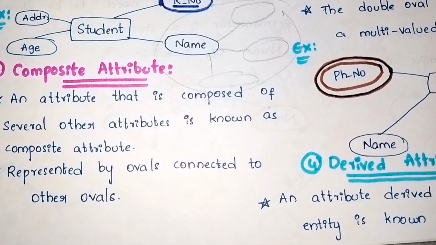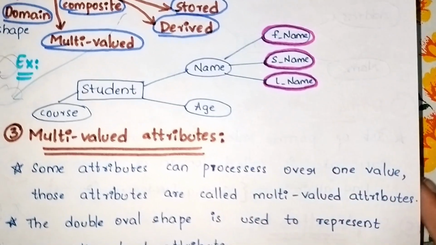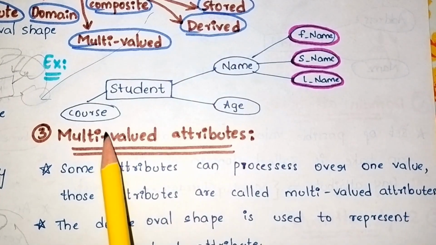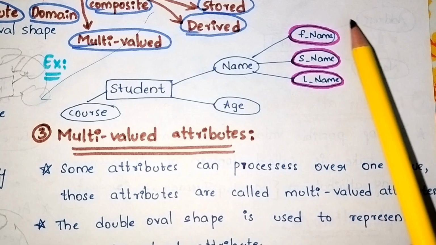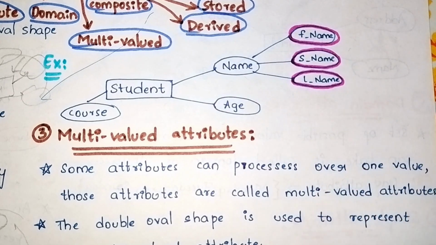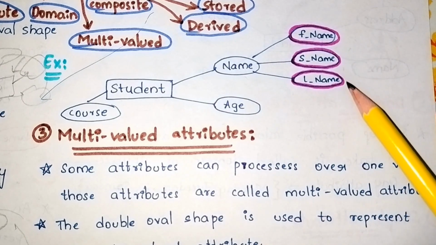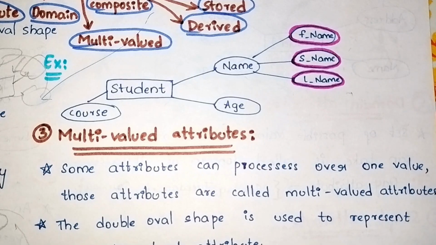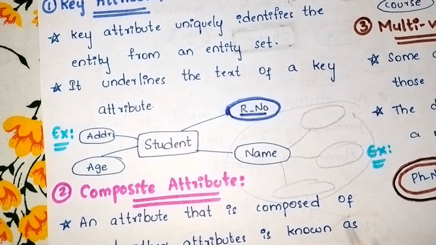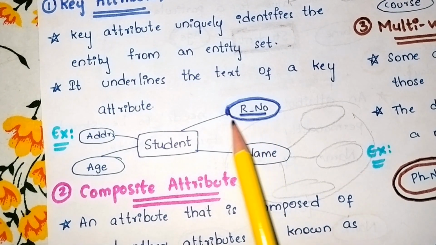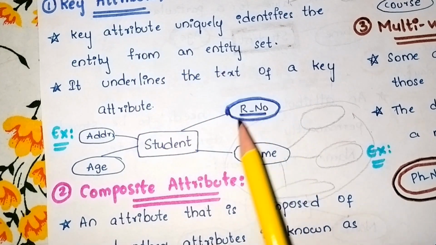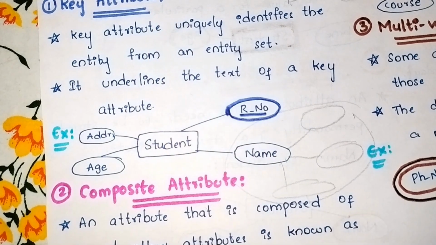This example can be explained here as well. As we can see, student has a course, age, and name, which can be further divided into first name, last name and middle name. Here the pink color representation shows the composite attributes, and the roll number is underlined with the blue line, which is called the key attribute.